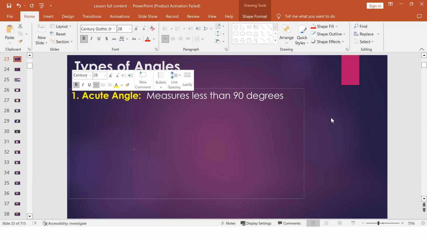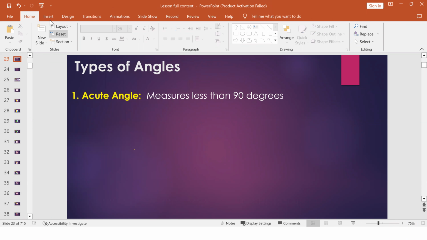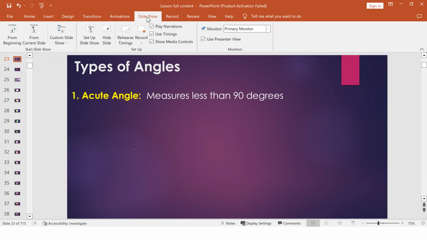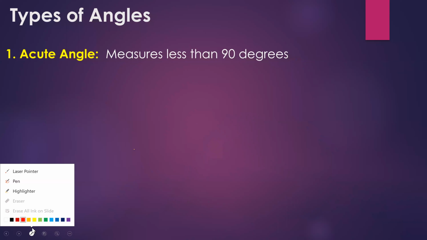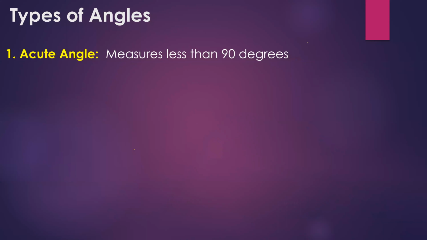Let me give you an example of that. Something like this. It has to be less than 90. So like this is less than 90. Also like this, this is also less than 90.